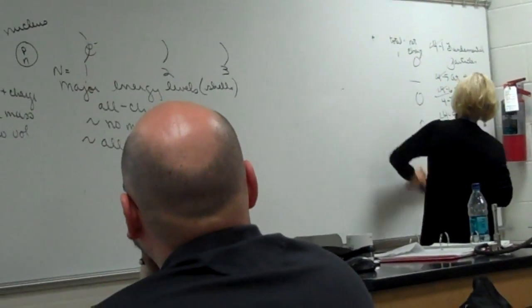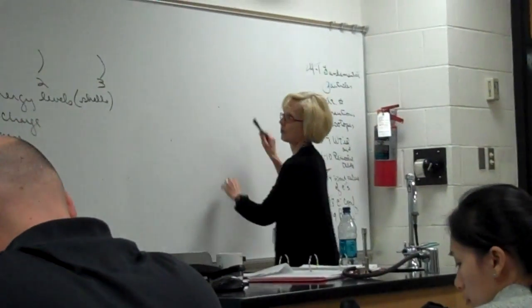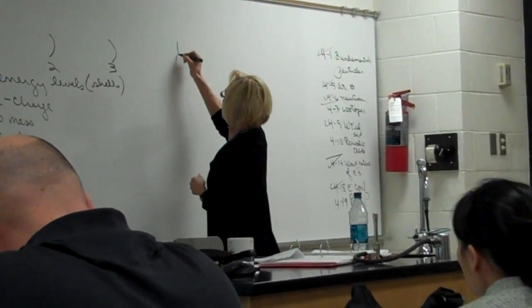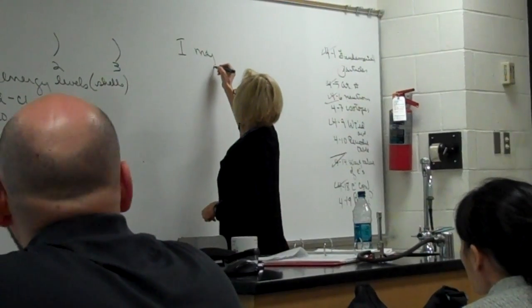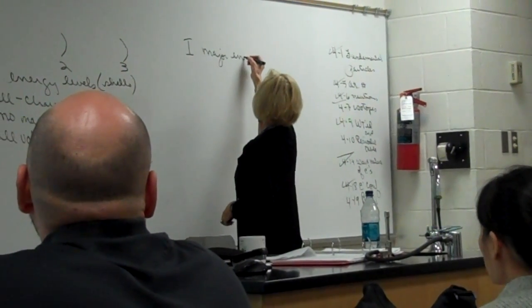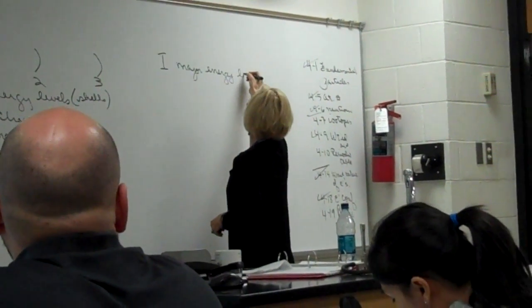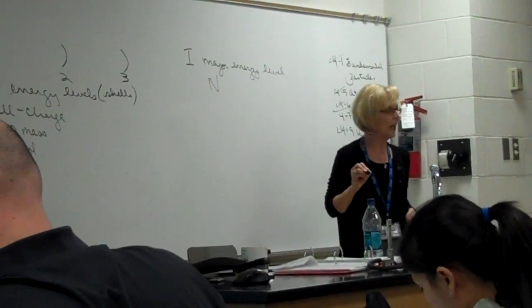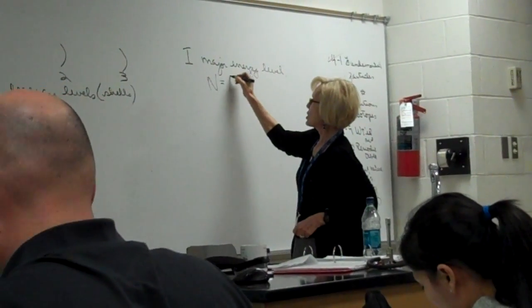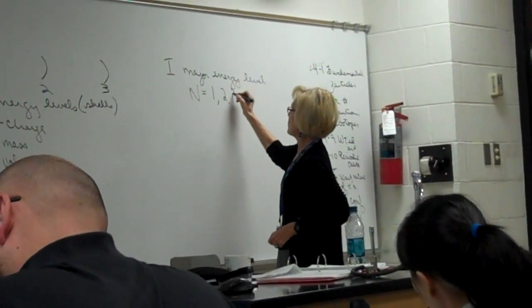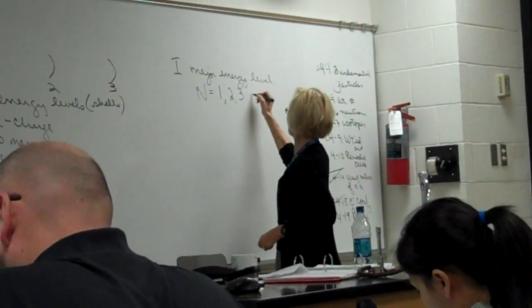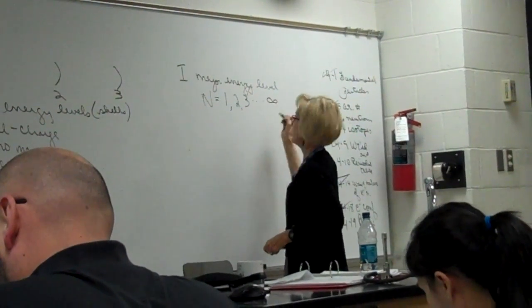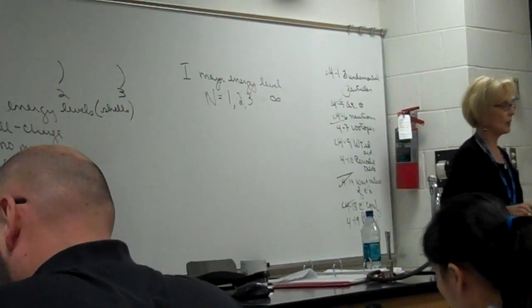Okay, so the first thing we have is this major energy level. And it's denoted with a capital N. It starts at 1, uses integers only, and in theory it goes to infinity.